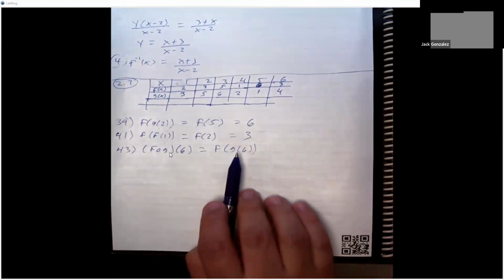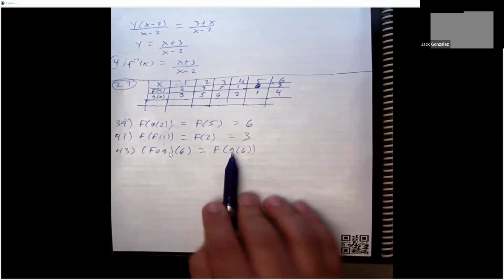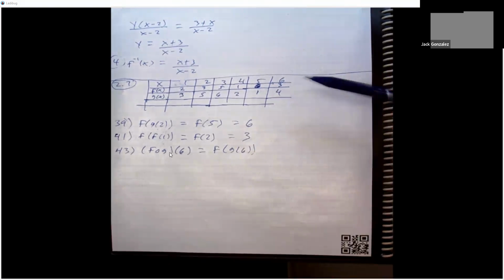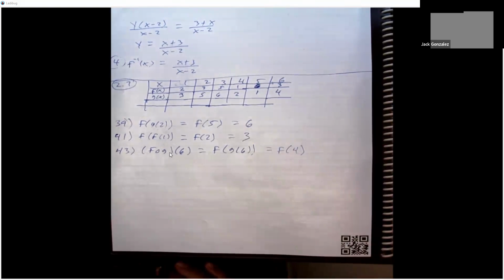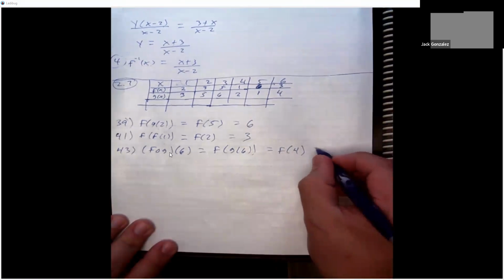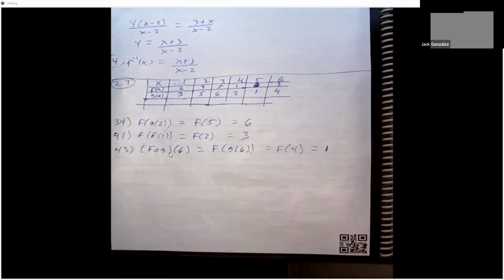So G of 6 is actually 4, right? So this becomes 4. Now what's happening at 4 for F? 1. Does that make sense?